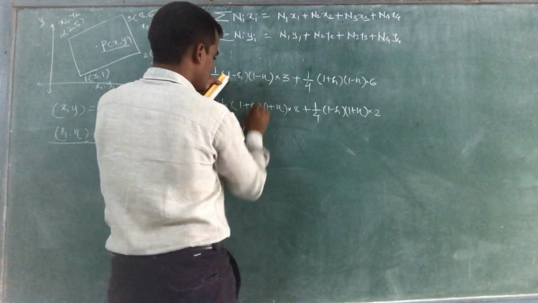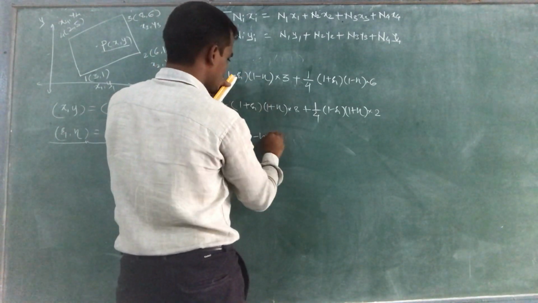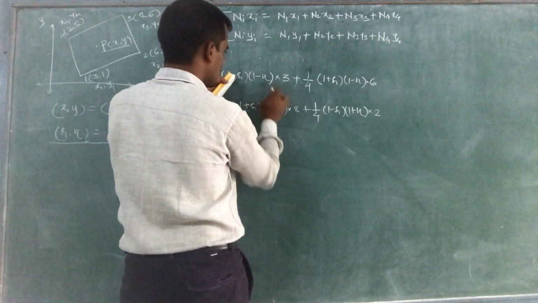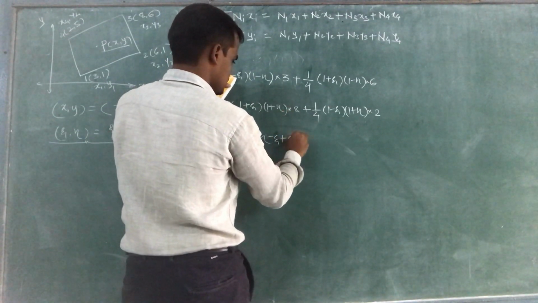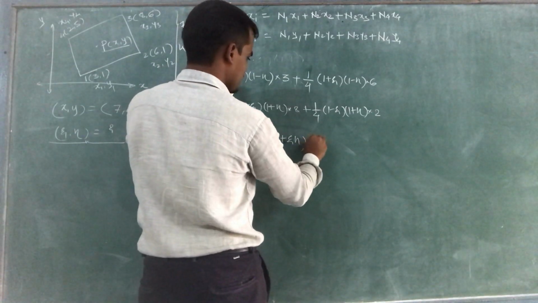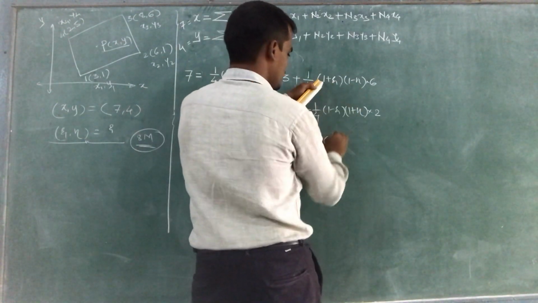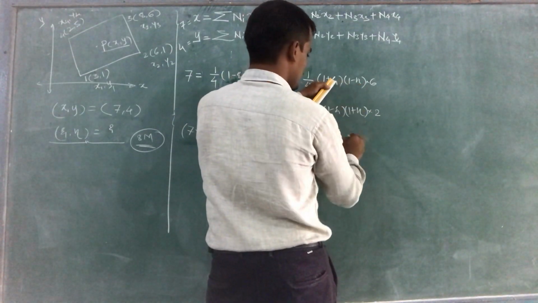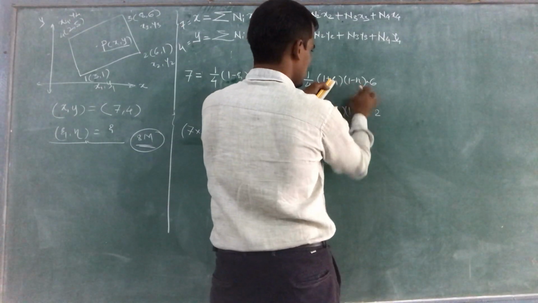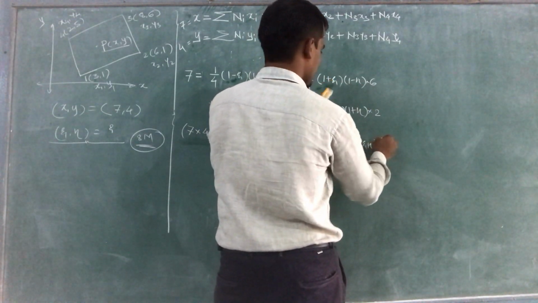So we will get 1 into 1 minus eta, minus zeta, then minus zeta into 1 minus eta into minus eta, plus zeta into eta. Similarly, plus 6 times 1 into 1 into minus eta, zeta into 1 plus zeta into minus eta minus zeta eta.